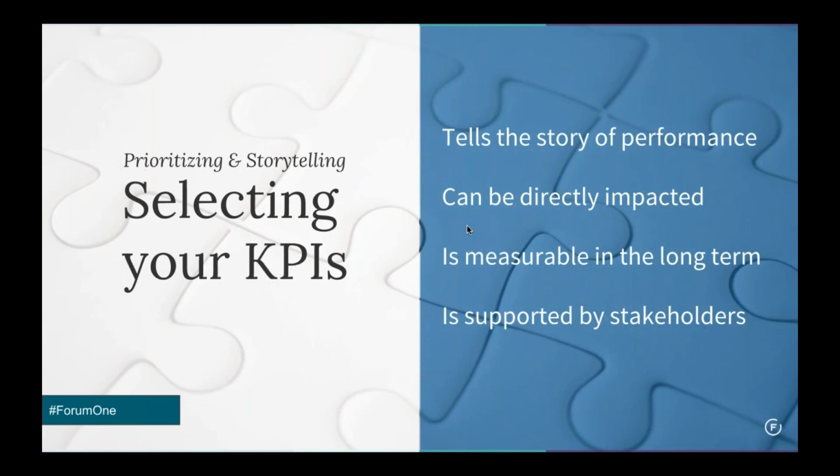The next piece that we want to talk about is making sure it's measurable in the long term. Sometimes it's easy to say, I really want to achieve X, and perhaps you can make a shift in it in the short term. But perhaps you're not able to collect data on that in the long term. It's a really time-intensive metric to run, or it's very expensive data to collect.